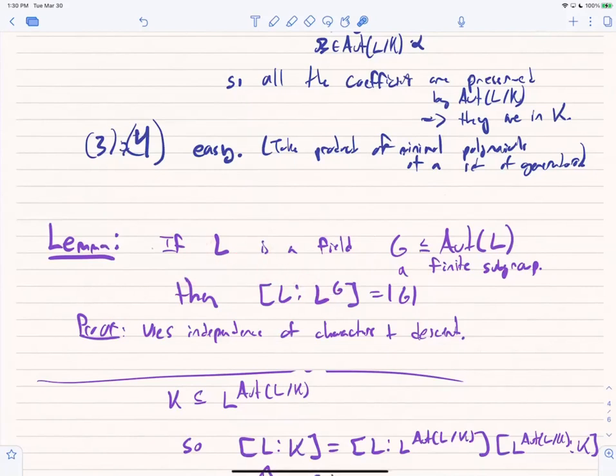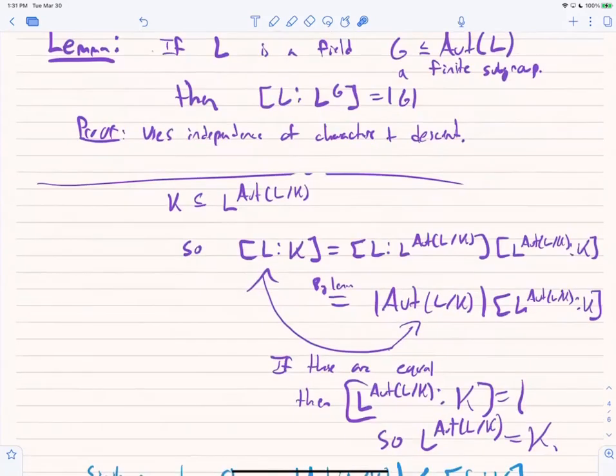Since we've now learned this lemma, you are now permitted to do that. There's a nice way to do it without this lemma, but using it can give you a very short proof of exercise 4, part 3, the part where you're computing the fixed field of t goes to t plus 1. So I want to point that out.